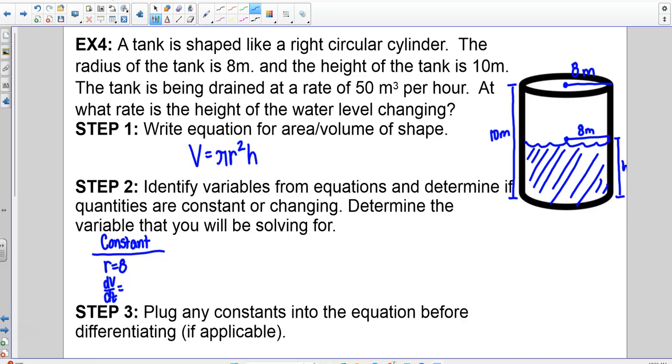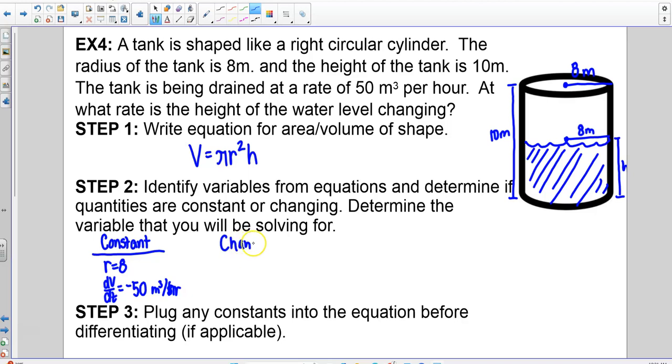So is that rate positive or negative? Negative, because the volume is decreasing, so it's negative 50 meters cubed per hour. Obviously you can't plug in dV dt before you take the derivative because it's not there, but you can plug in r before you take the derivative.